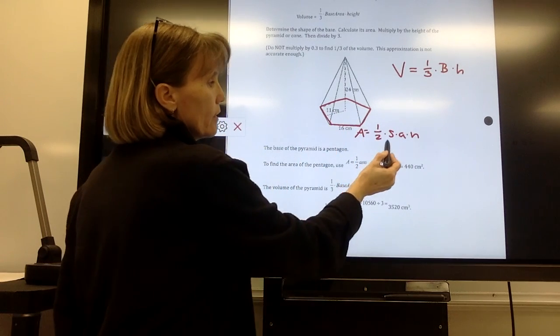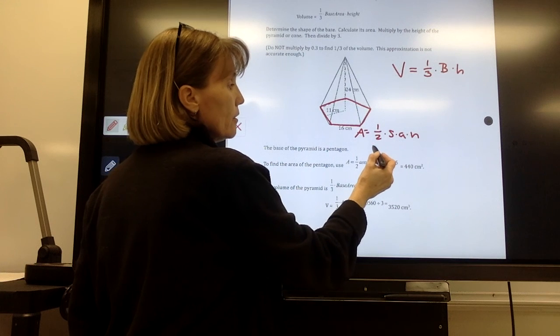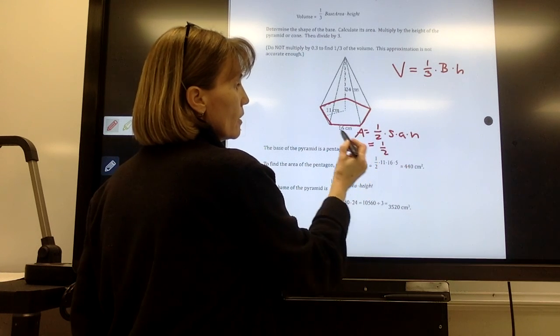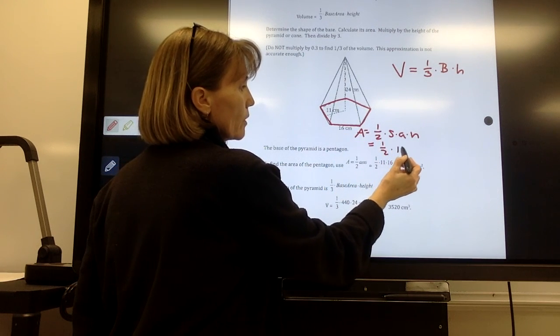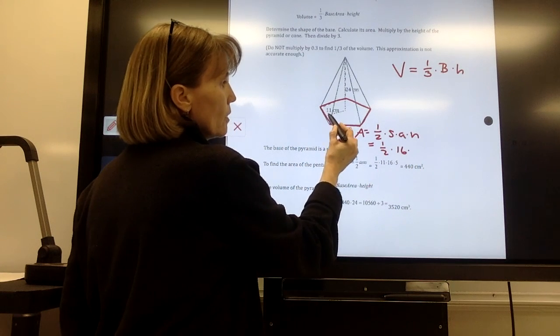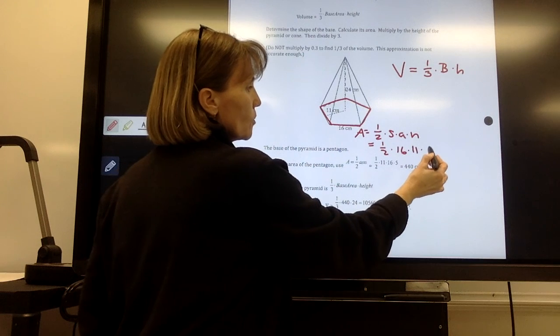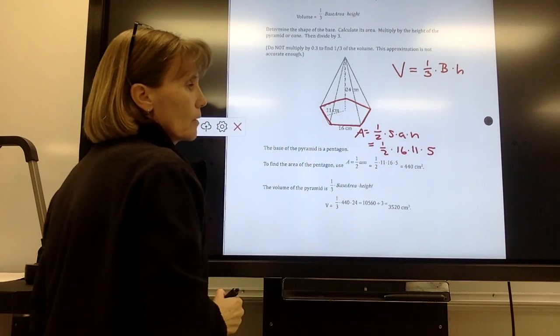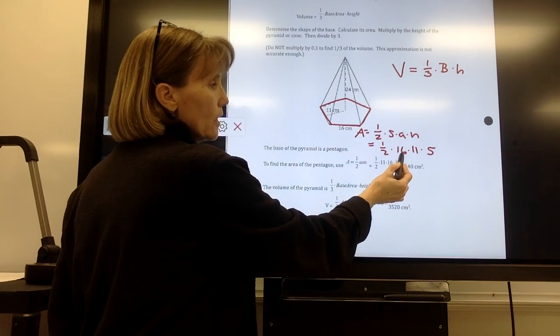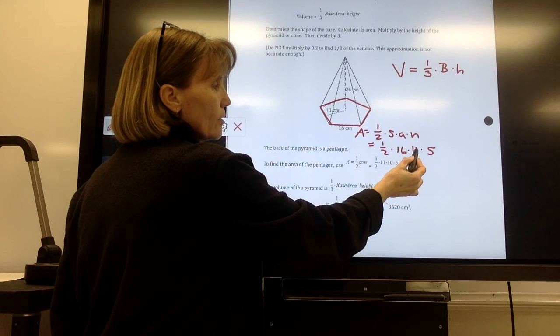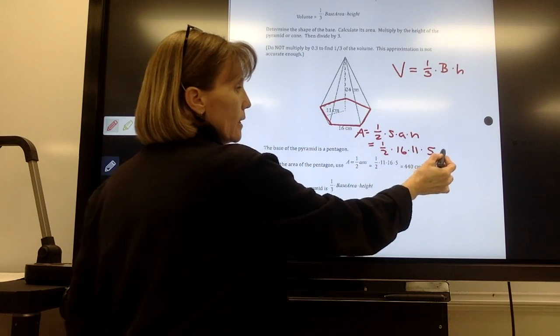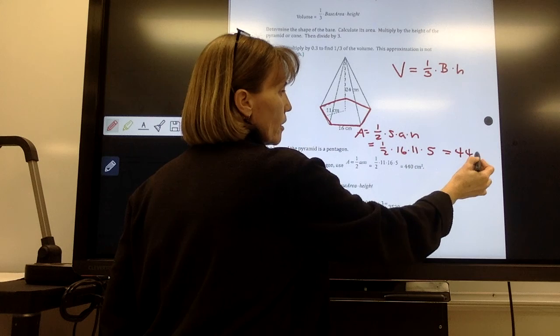So I'm going to have 1/2, the side is 16, the apothem is this broken line, 11, and it's a pentagon, so it has 5 sides. Okay, I can take half of 16 and get 8. 8 times 11 is 88, and 88 times 5 is 440.